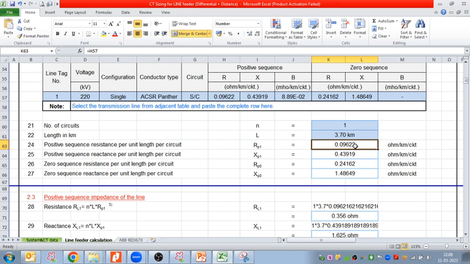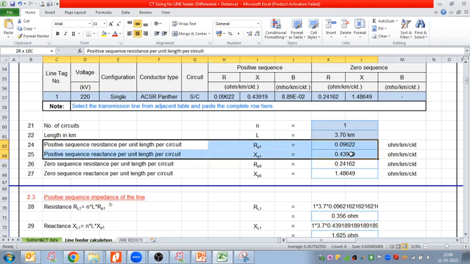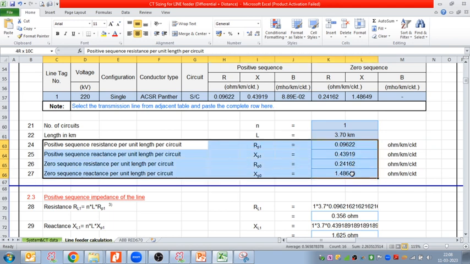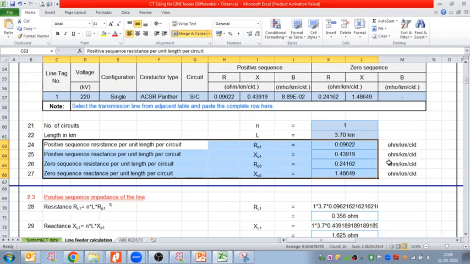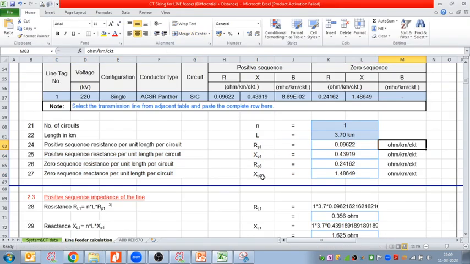Here the positive sequence resistance is 0.9622 ohm per kilometer per circuit. So we calculated the total resistance: positive sequence resistance and reactance, zero sequence resistance and reactance. Whatever the given value we have, divided by 3.7 kilometers, gives the per kilometer per circuit resistance and reactance.